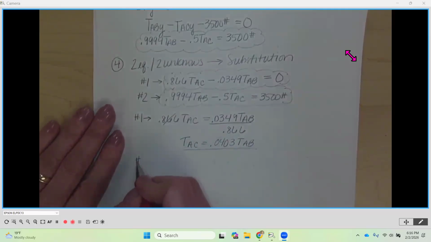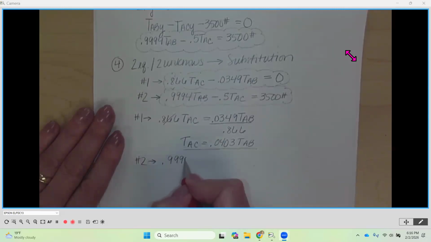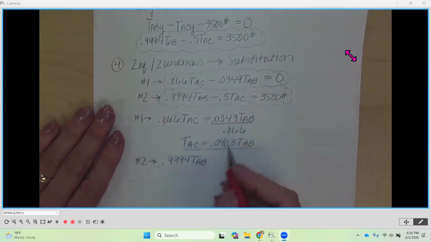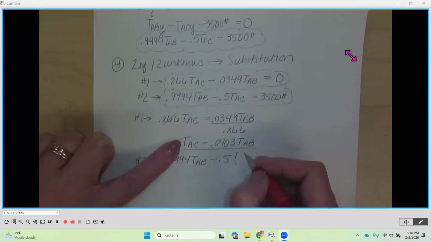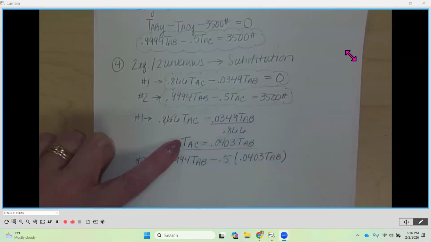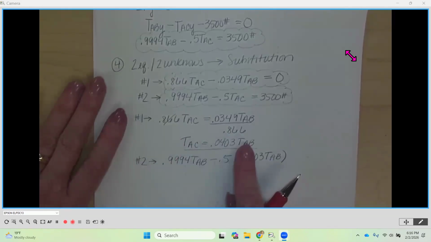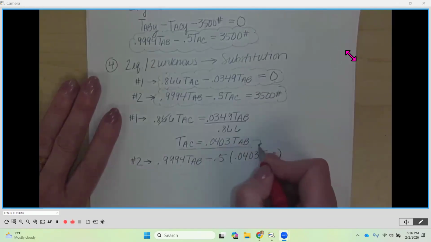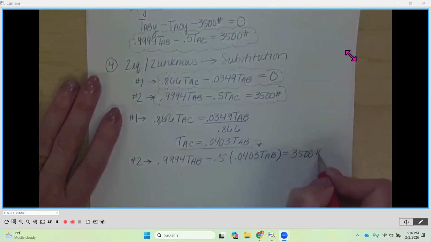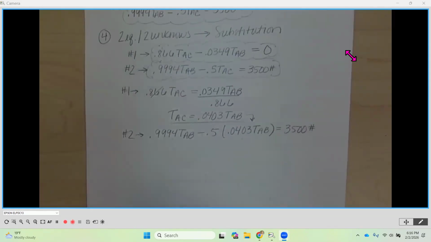So equation number two, because you got to kind of alternate. I like to think alternate back and forth between the equations. 0.9994 TAB minus 0.5. This is where I'm going to put, instead of TAC, 0.0403 TAB, because that's what TAC is equal to. So I've got TAC in terms of TAB, and now I use that right down here. It is going to be equal to 3,500 pounds, right?